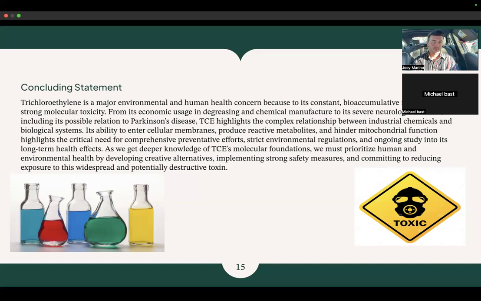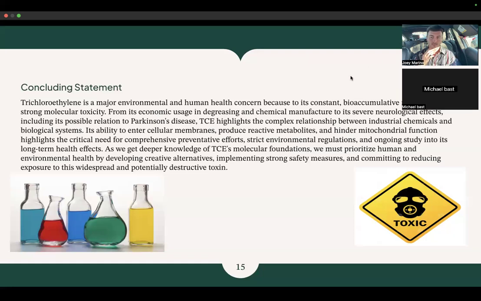From its economic usage in degreasing and chemical manufacture, it holds severe neurological effects, including its possible relation to Parkinson's disease, as we went into in depth today.